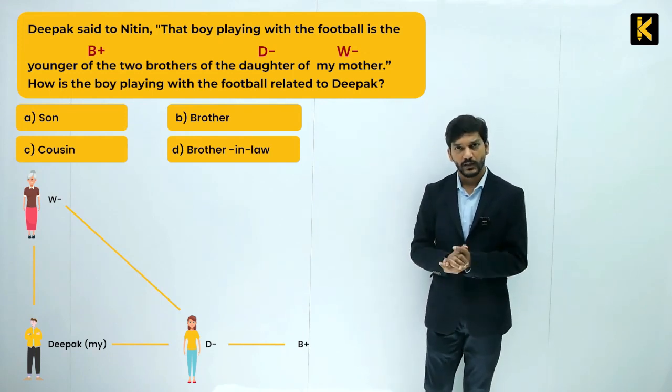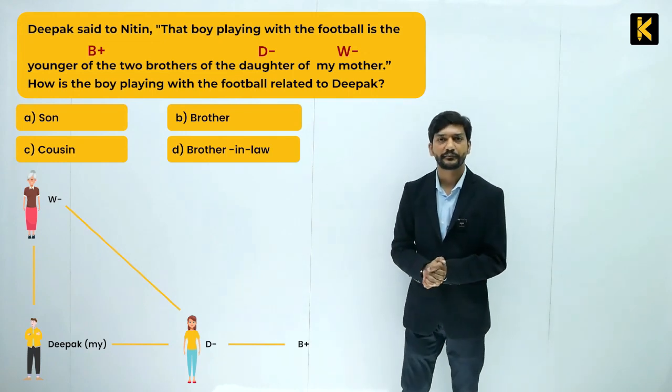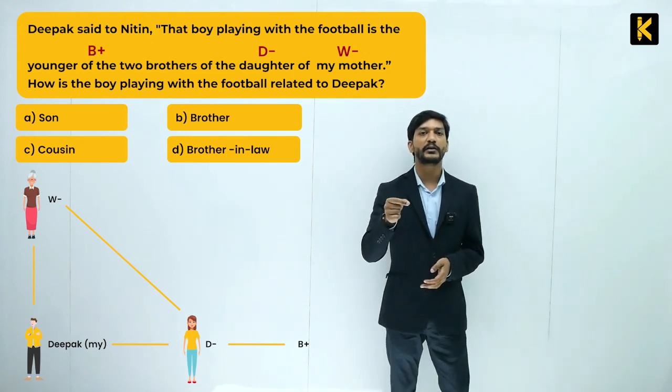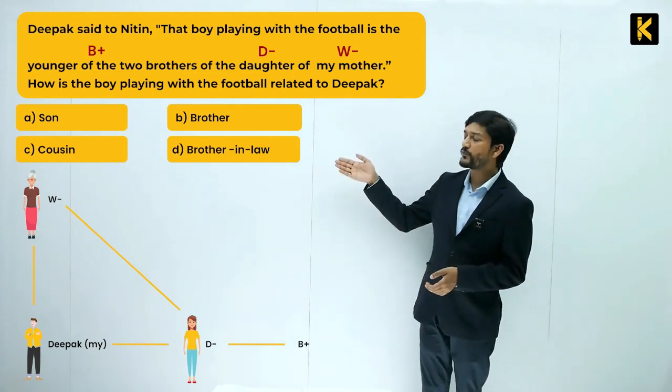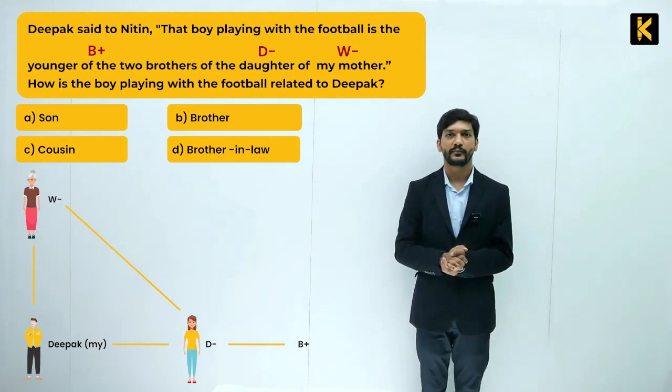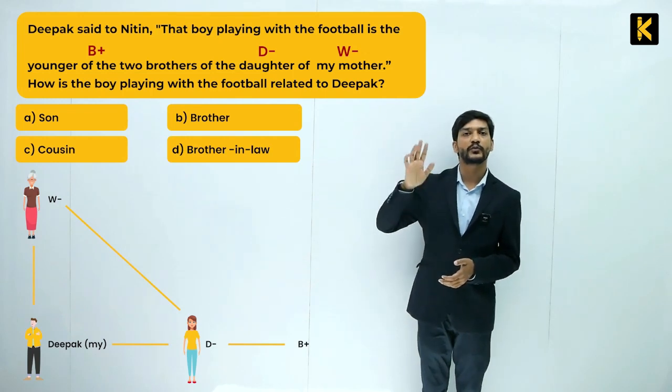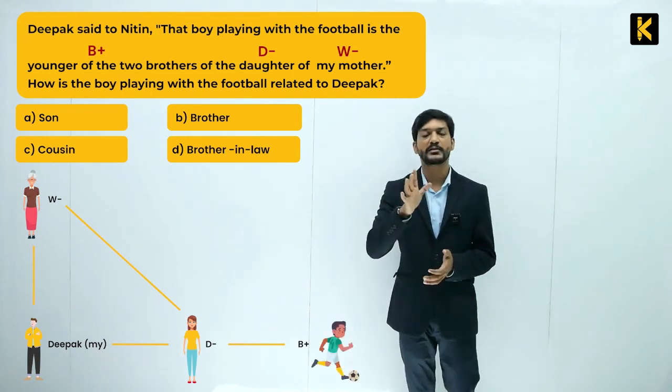Now go back to the statement, please. That boy playing with the football is the younger of the two brothers. Younger of the two brothers means B plus. So that boy playing with the football is B plus.